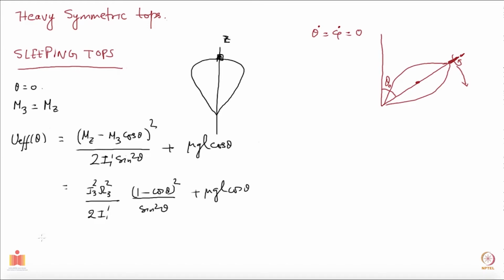So I will expand it around theta equal to 0. So U effective theta for small theta would be I3 square omega 3 square over 2 I1 prime.